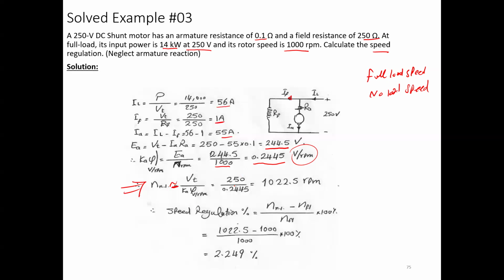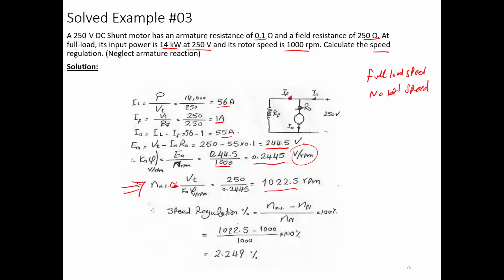So if you divide 250 by 0.2445, you would get 1022.5 RPM. Again, the no load speed has to be higher than the full load speed. So full load speed of 1000, no load speed of 1022.5.